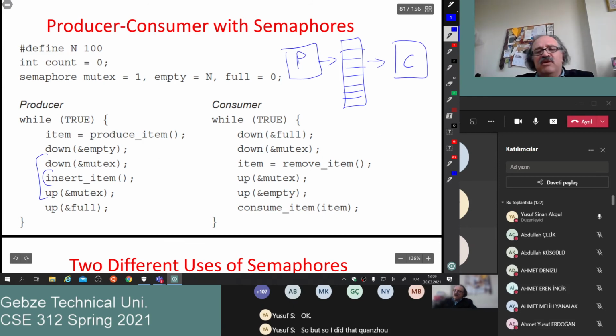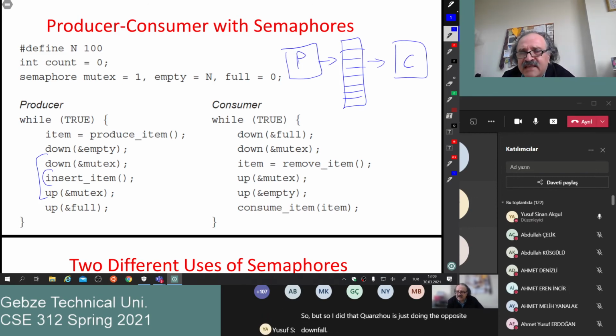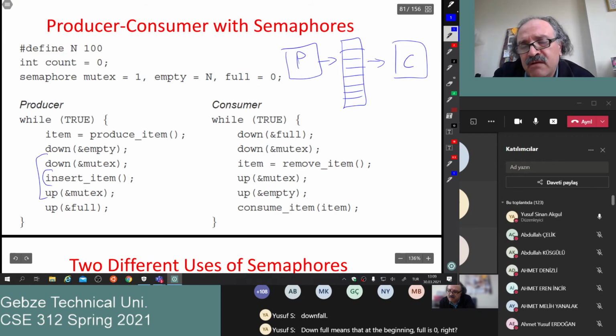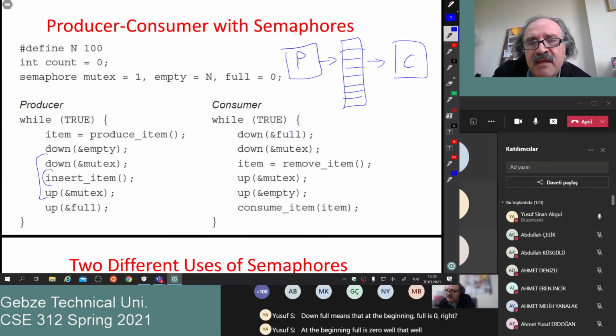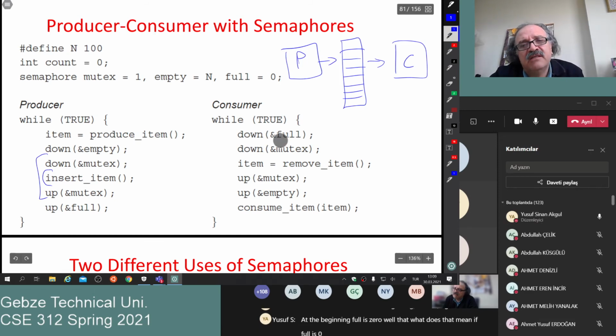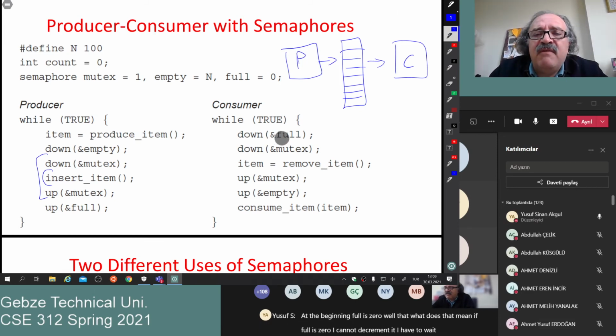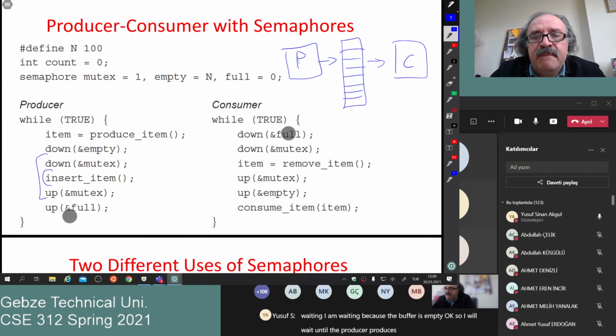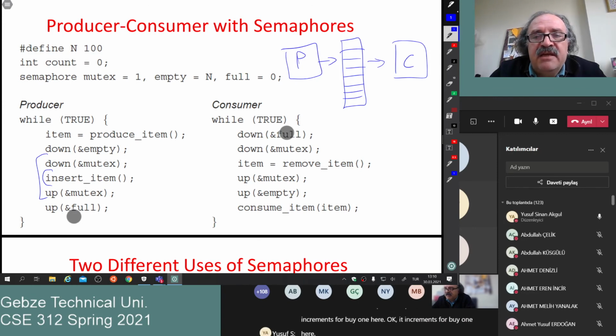Consumer is just doing the opposite. Down full. At the beginning full is 0, right? Well, what does that mean? If full is 0, I cannot decrement it. I have to wait. Why am I waiting? I am waiting because the buffer is empty. So I will wait until the producer produces one item and it increments full by 1 here. When it increments it, I can down this one.